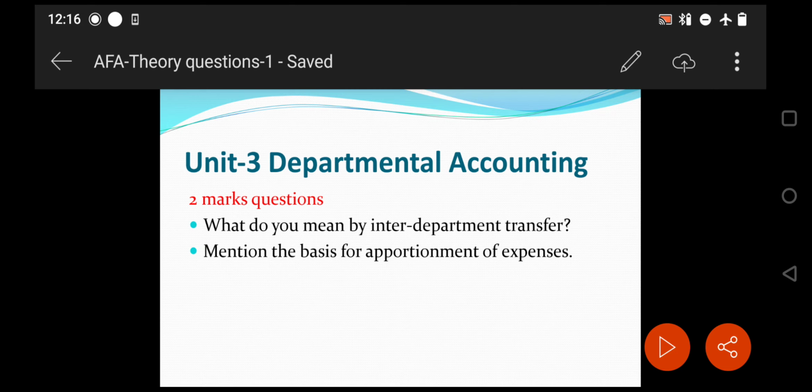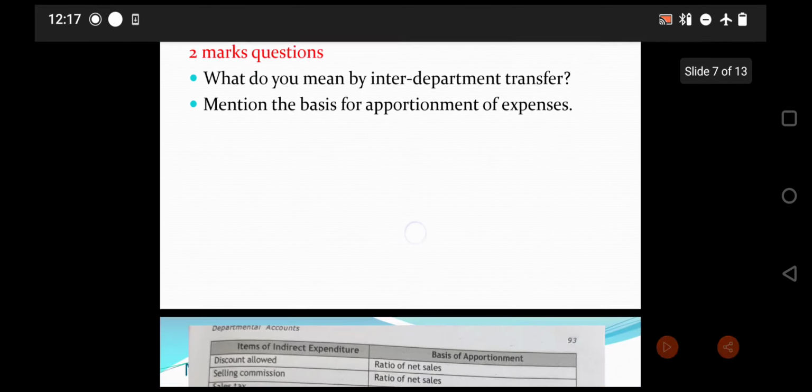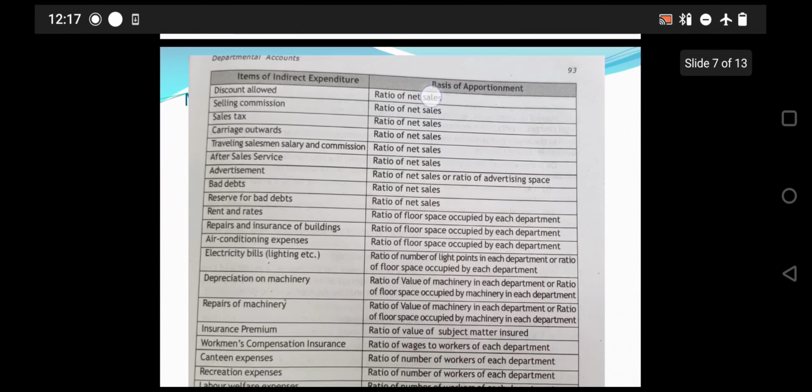There are so many expenses which come in the departments or in the company, and they should be allocated equally or on the basis of the ratios given in the problem. Sometimes some expenses are not possible to allocate on the basis of ratio or equally. At that time, on what basis are we supposed to apportion or divide? Here in this particular image you can identify.